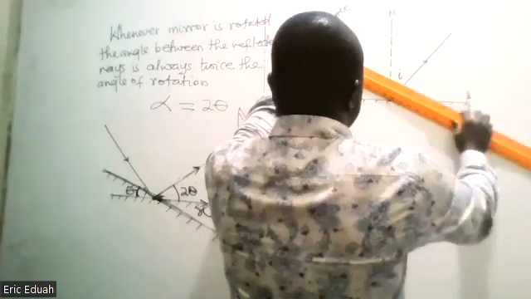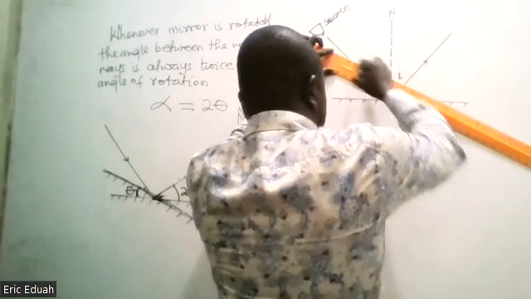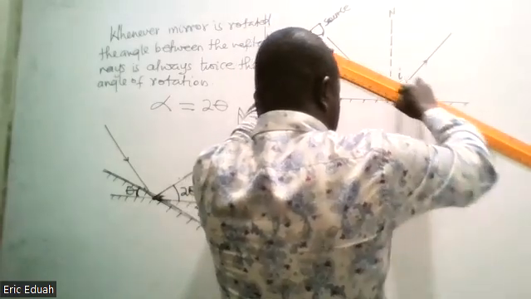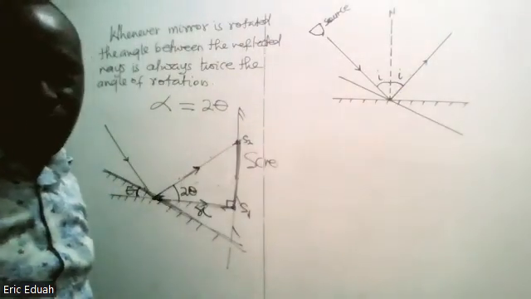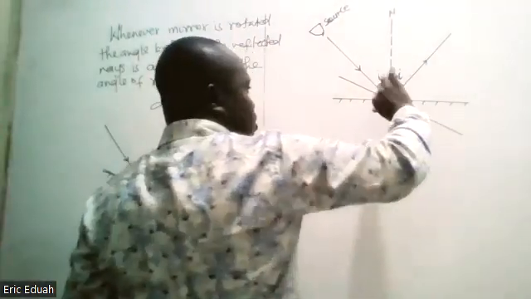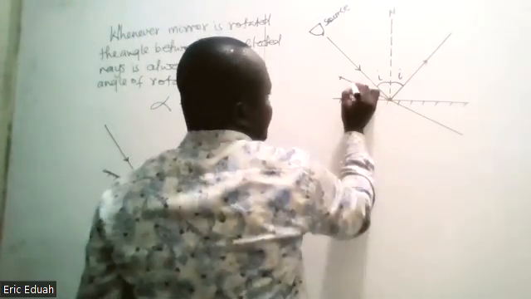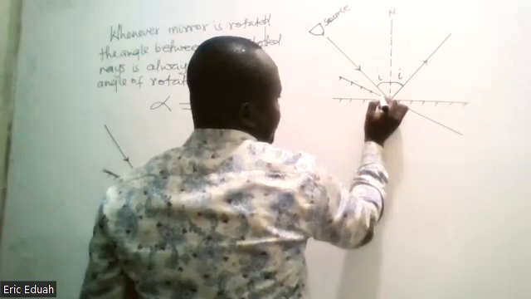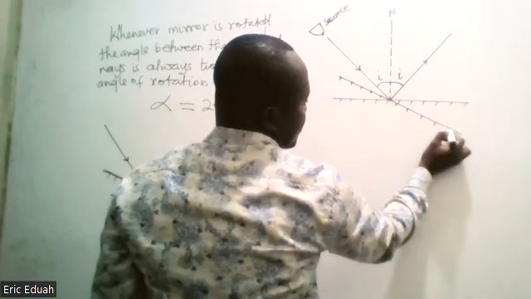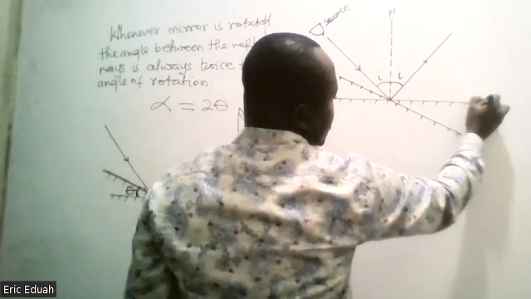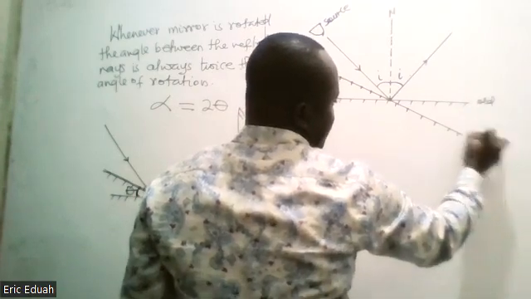Now the mirror is rotated clockwise. This is not a different mirror, it is the same mirror, but now it's like holding it and turning it. So this is the old position of the mirror and then the new position.